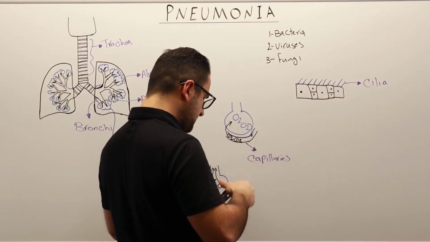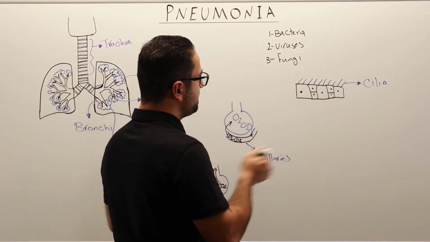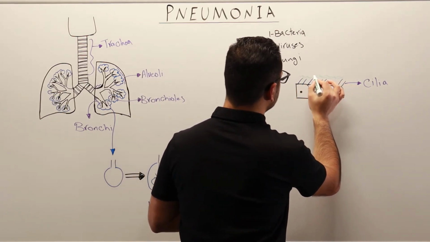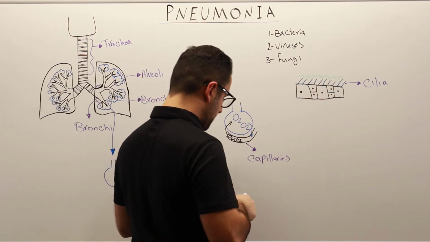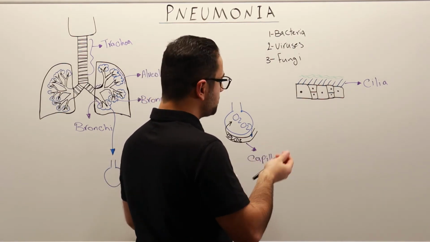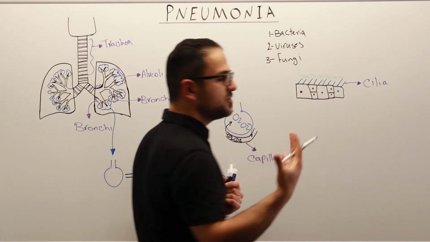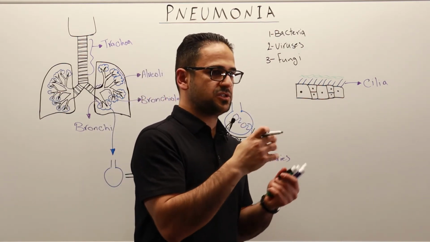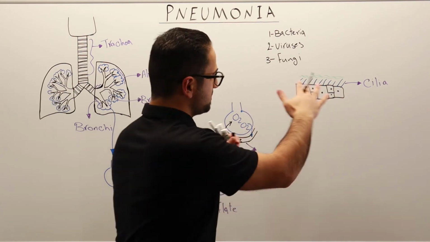What this cilia does is basically move the mucus that is on top of it, with the germs that are captured by this mucus, because the mucus is very thick. So when a germ comes by and touches it, it sticks to it and it moves with it.